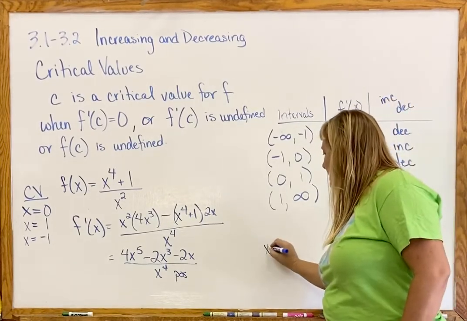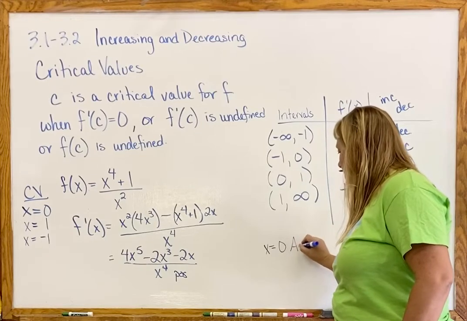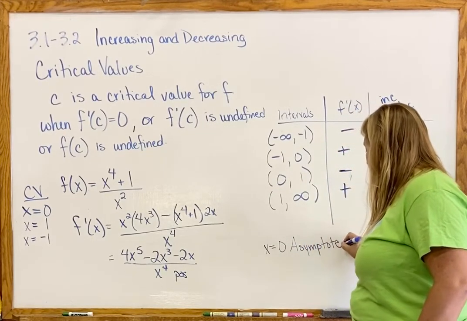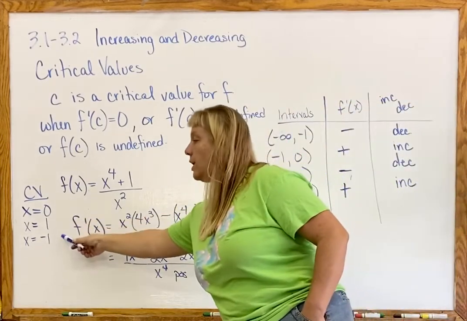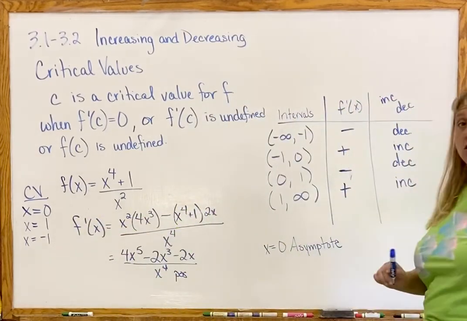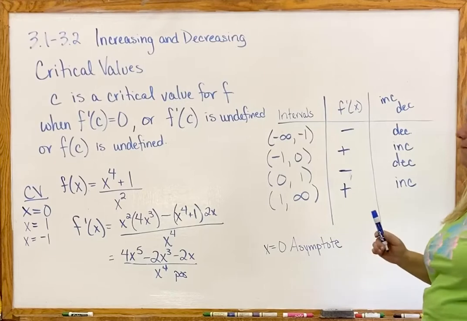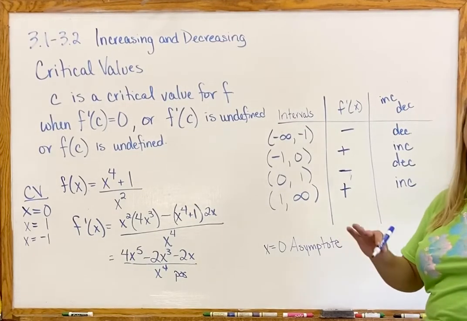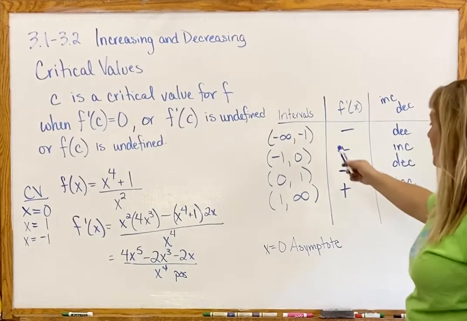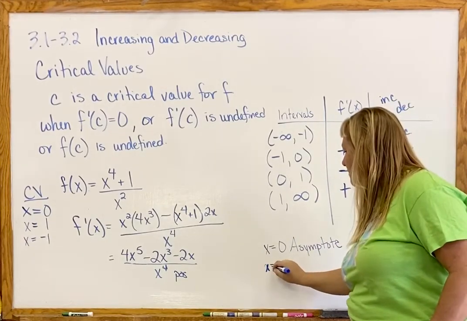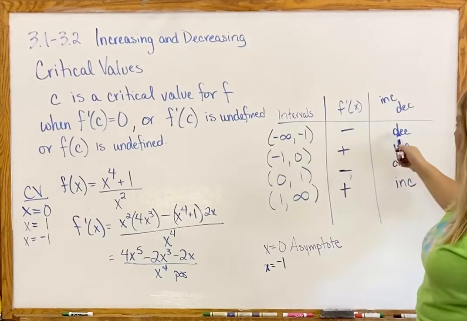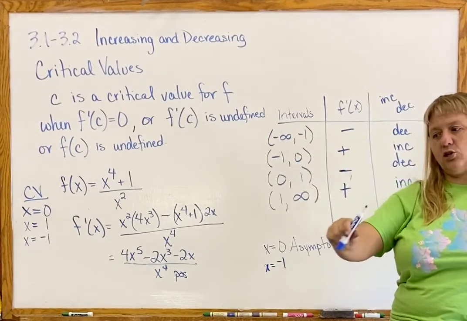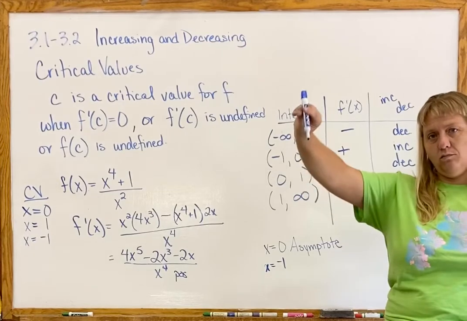So at x equals 0, there is an asymptote. Now, we got the 1 and the -1 from our derivative, didn't we? So that meant that our graph is just changing from increasing to decreasing or decreasing to increasing. So when x equals -1, the graph was decreasing, and then at -1 it turned and became increasing.